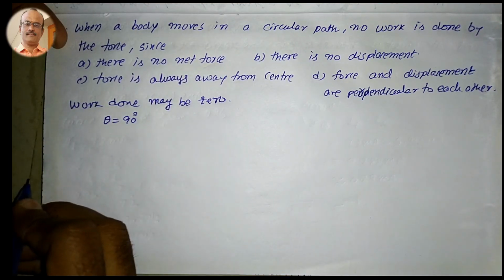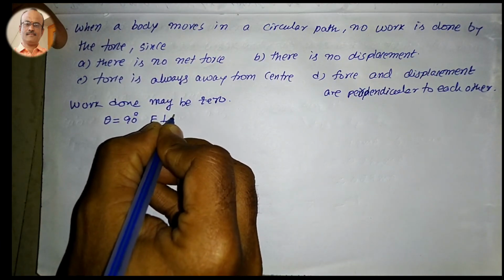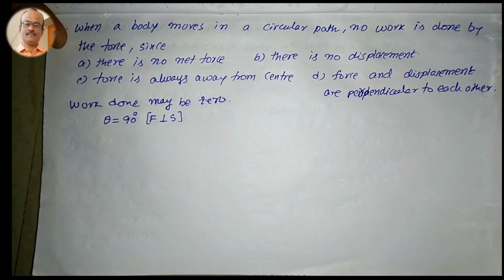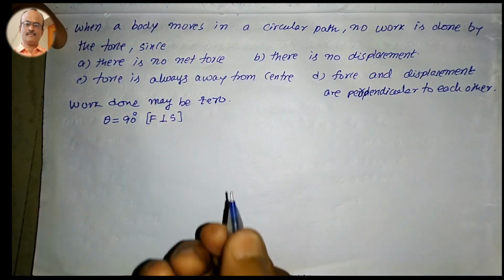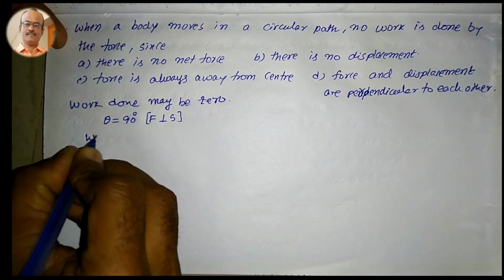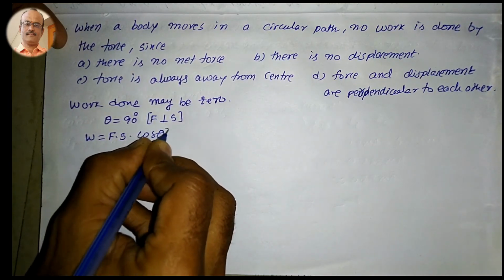So that theta is equal to 90 degrees is nothing but force and displacement are perpendicular to each other. And also, if force is equal to 0, work done is 0. And displacement is 0, work done is 0. So why? Because work done is equal to force into displacement into cos theta.